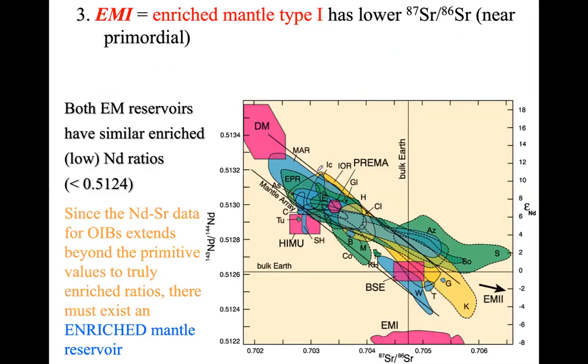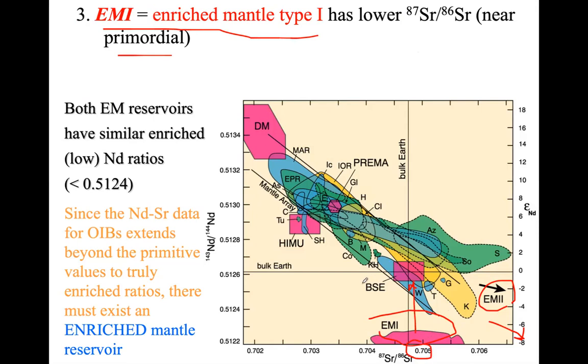And then we have the EM1 enriched mantle. It's type 1, we call it EM1. You can see the difference: EM1 has lower strontium isotope ratios than EM2, because EM2 is supposed to have higher strontium, while EM1 has an isotopic composition somewhere here, very close to the primordial isotopic composition. What is the primordial isotopic composition?